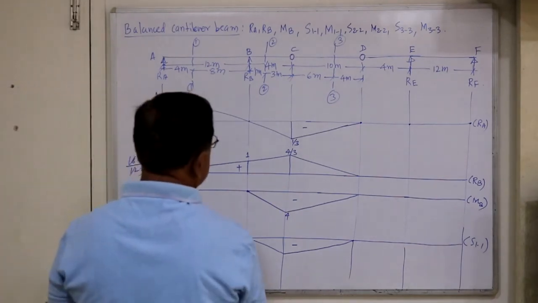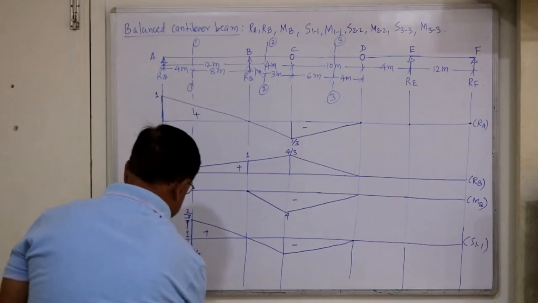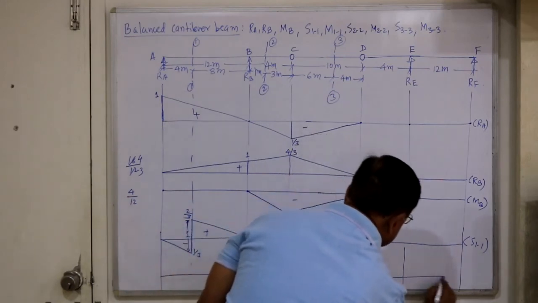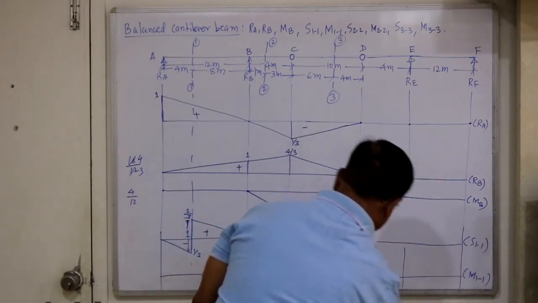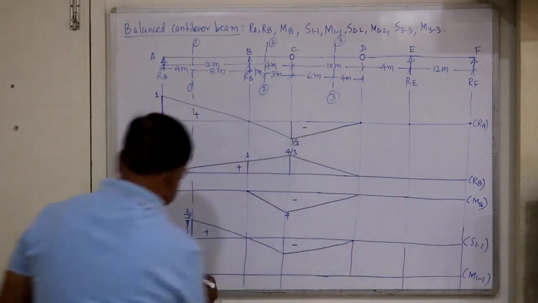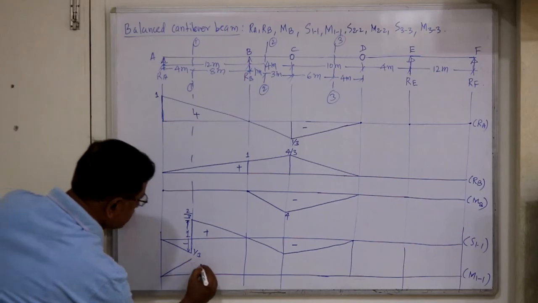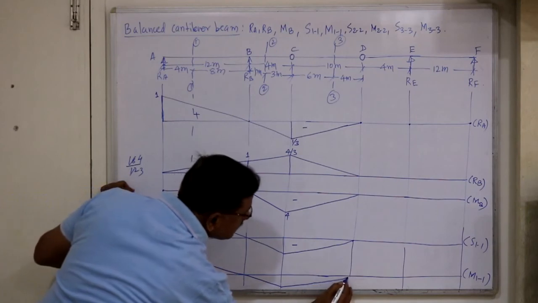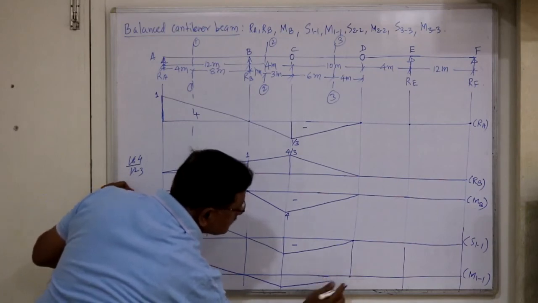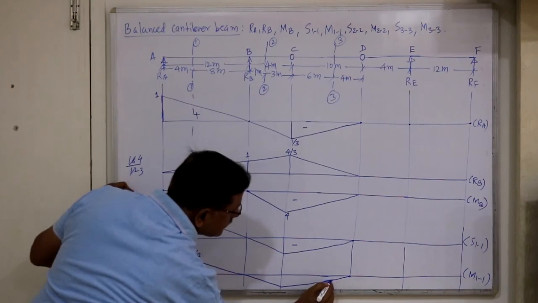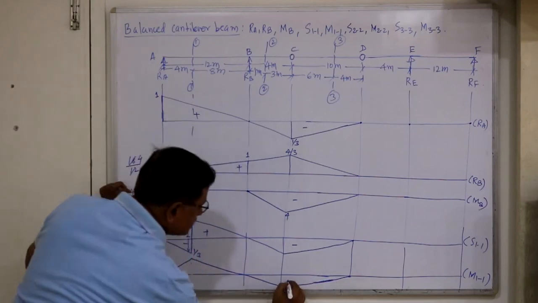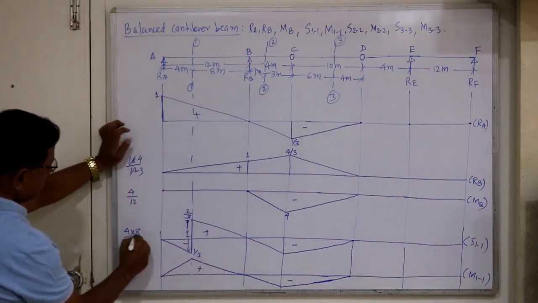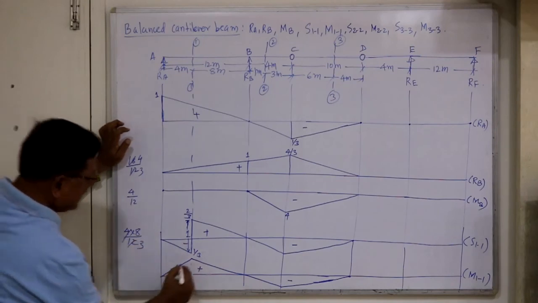Then complete the ILD for M11. Say M11, the ILD for M11. The bending moment diagram we know for a simply supported beam, and continue up to the hinge, again up to the hinge. This is minus, this is plus, this is AB by L. A is 4, so 8 divided by 12, so 8 by 3.